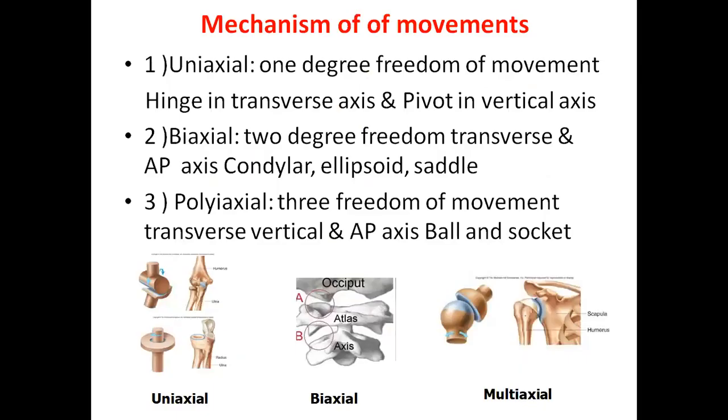Mechanism of movements of the joints. The joints have three types of movements: uniaxial, biaxial, and polyaxial. In uniaxial, there is 1 degree of freedom of movement.